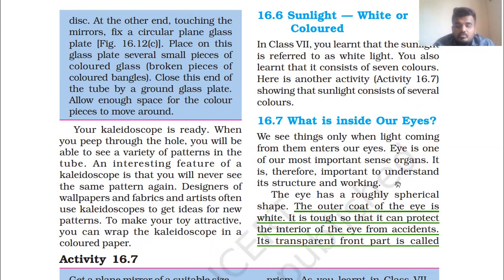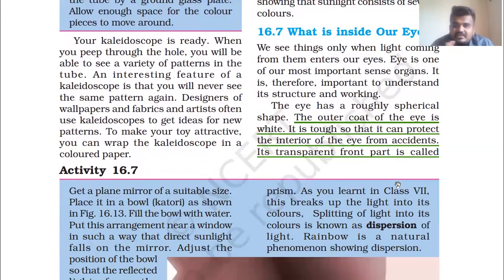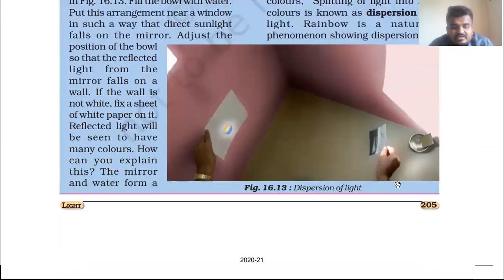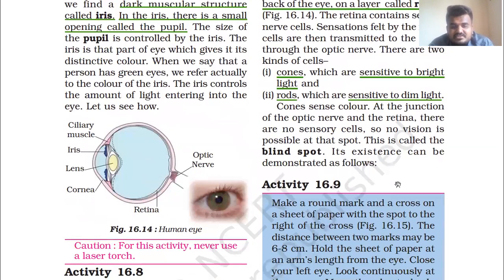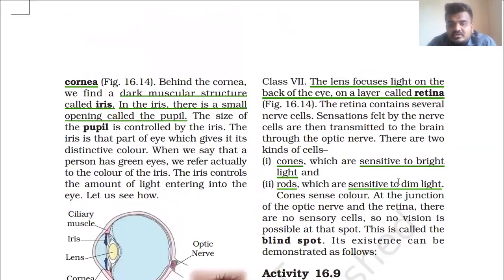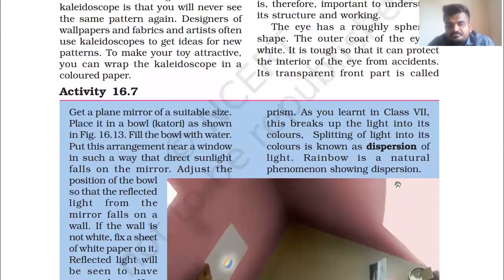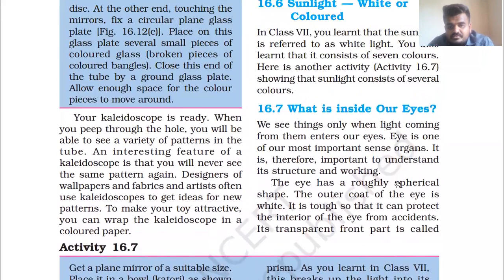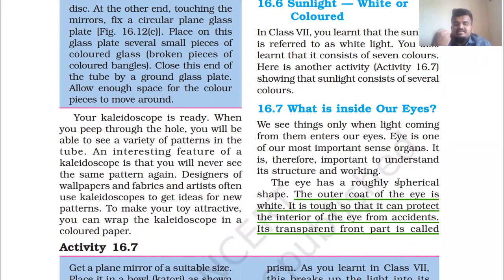So first of all, what is inside our eyes? We will only revise the topic once again. That is 16.7. As given in figure 16.14, you can open this figure in your textbook also. Now we will see the main things only.